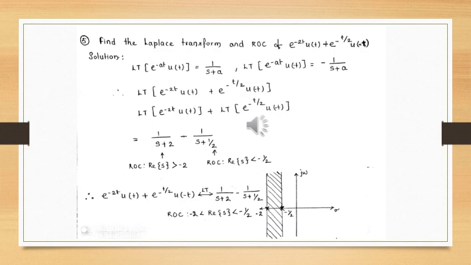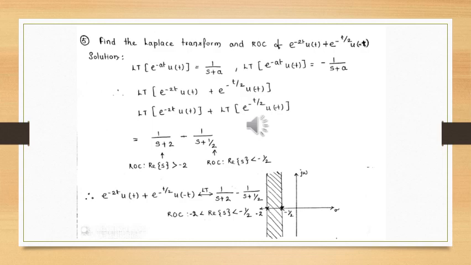For the first signal, comparing it with the above reference formula, we have a's value as 2. So we can write the Laplace transform as 1 divided by s plus 2. Now for the second signal, comparing the second reference formula, we have a's value as 1 by 2. So we can write it as minus 1 divided by s plus 1 by 2.